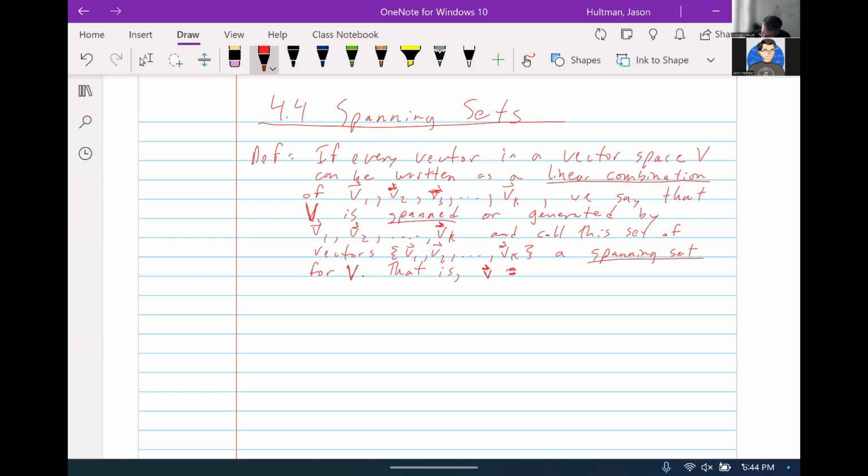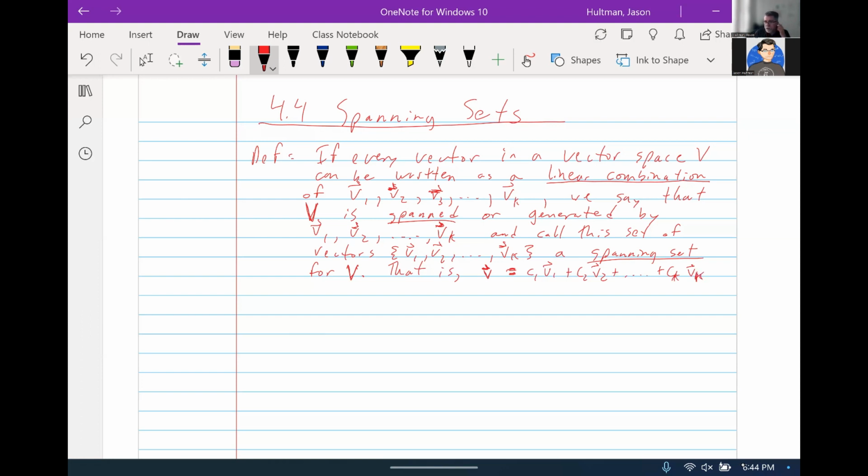There's that linear combination of vectors, c1 vector 1 plus c2 vector 2 plus ... plus ck vector k.